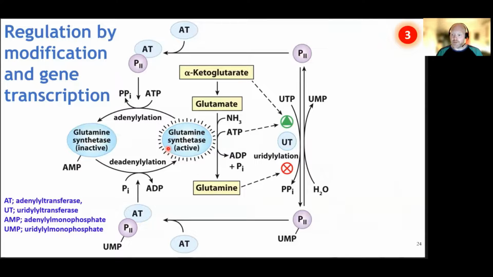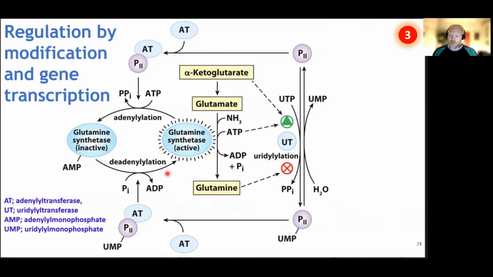Now let's try to sum this up. The bottom half of the schematic represents activation of glutamine synthase, while the top represents deactivation. So the two sides of this regulation are connected by uridylyl transferase and the compounds that are regulating it.